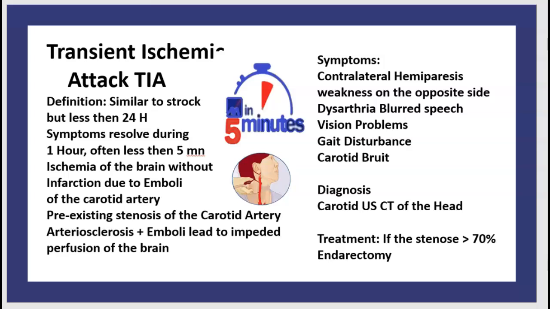Symptoms include contralateral paresis, weakness of the opposite side, dysarthria with blurred speech, vision problems, gait disturbance, and carotid bruit. Diagnosis: carotid ultrasound and CT of the head. Treatment: if the stenosis is over 70%, endarterectomy.